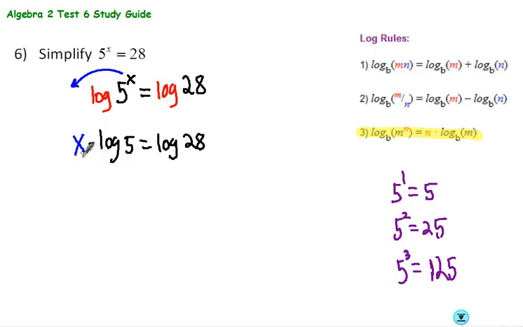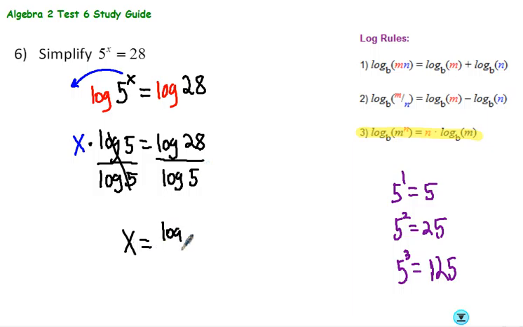Now what this says is x times log of 5. We know the opposite of multiplication is division. So we would divide both sides by log of 5. And then what would be left would be x equals log 28 divided by log of 5.